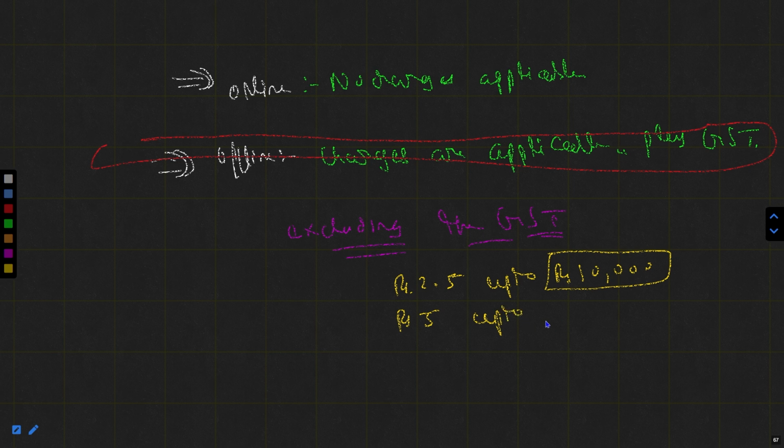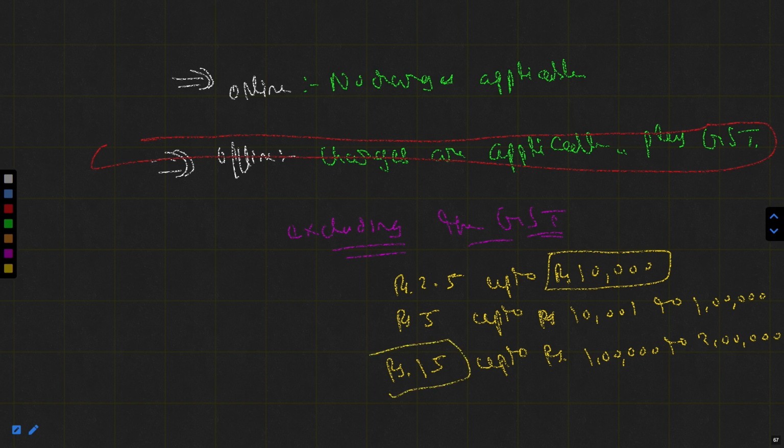If the transaction is from rupees 10,001 to 1 lakh, then you will be charged rupees 5 excluding the GST. But if the amount is 1 lakh to 2 lakh, you will be charged rupees 15 excluding the GST. So these are the charges which are applicable.